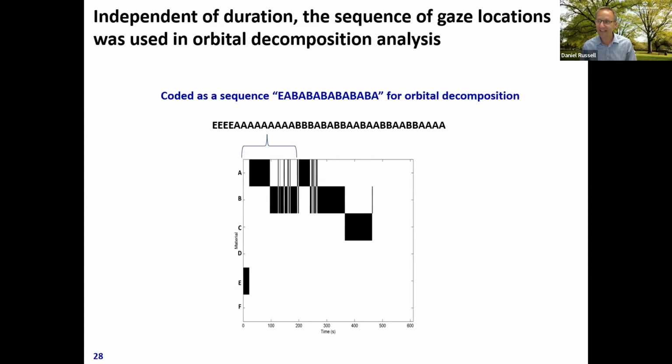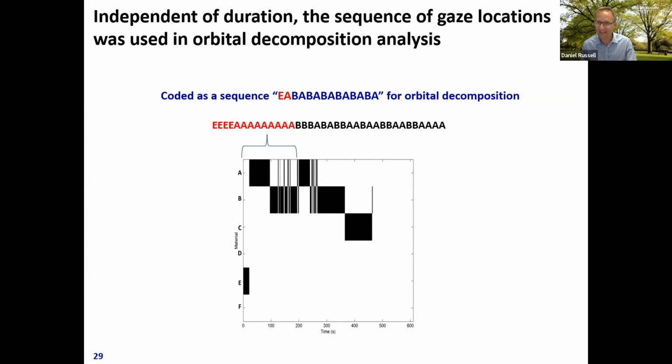But essentially, it requires the sequencing, so you have to provide the sequences. And what we did was push those into this software. We could have included every single second, but we decided to go with independent of duration.